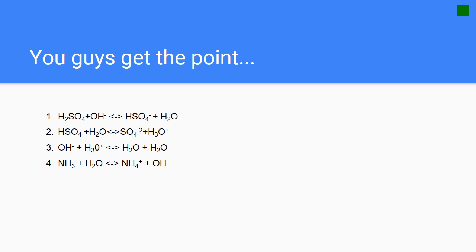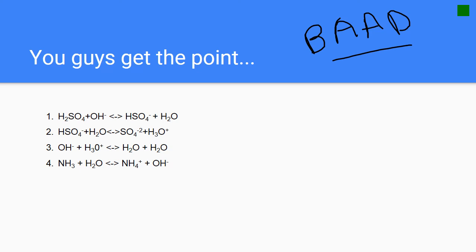So these last couple questions are based actually off of the Bronsted-Lowry theory. When we have questions that relate to the Bronsted-Lowry theory, we're going to write out our acronym BAD: bases accept, acids donate. So in these reactions, we're going to figure out which one is the acid and the base in the reactants, and then which one would be the conjugate acid and the conjugate base.